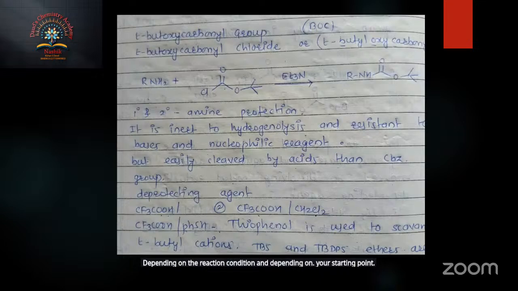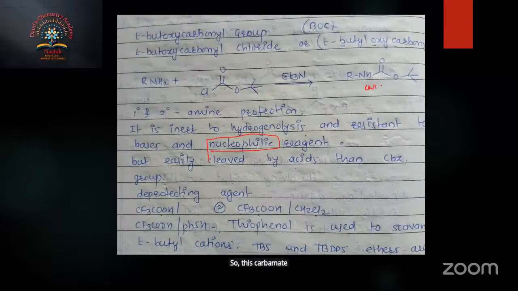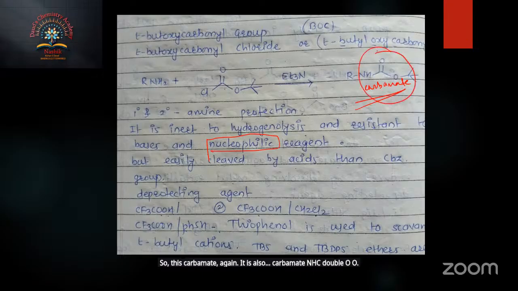Then next is Boc protection. It is also a very strong protecting group, quite stable and resistant to nucleophilic reagents. So this carbamate again, it is also a carbamate, NHC double bond O, O. This carbamate is very stable to nucleophilic reagents.